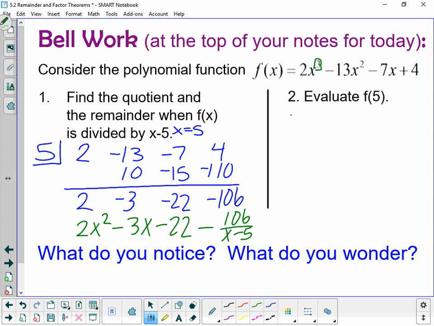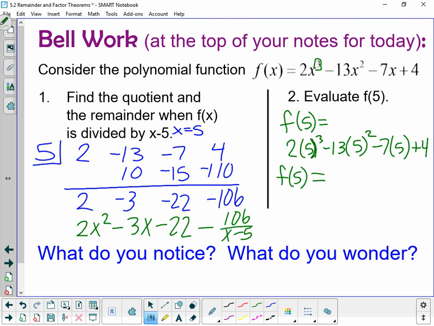Let's put 5 into the function. So we get 2 times 5 to the third power minus 13 times 5 squared minus 7 times 5 plus 4.